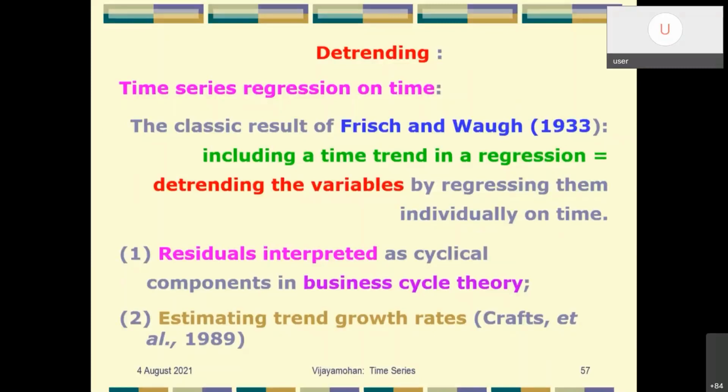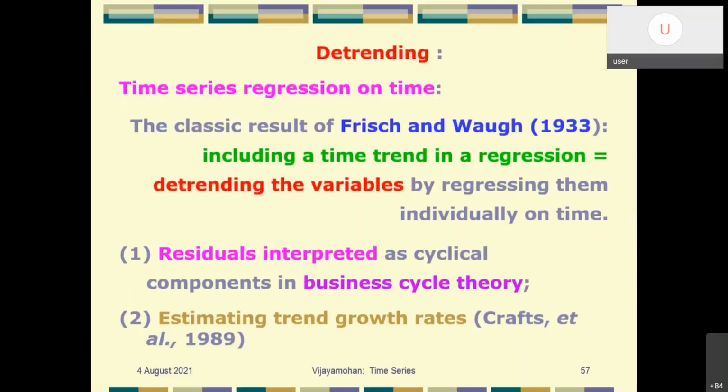See, take the case of this particular one. How do we detrend in a regression? We include a time trend in a regression, that is T, time, 1, 2, 3, 4, 5. In the presence of that time variable, all the variables in the regression will be detrended.